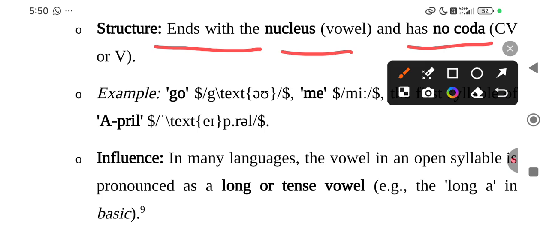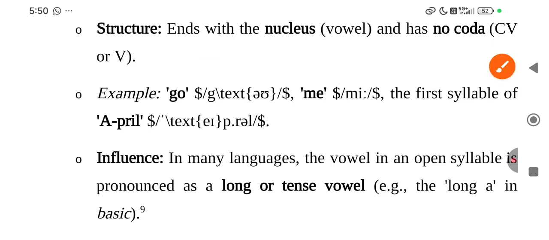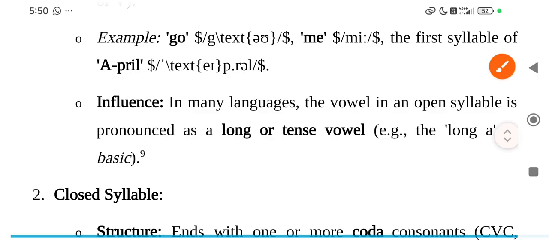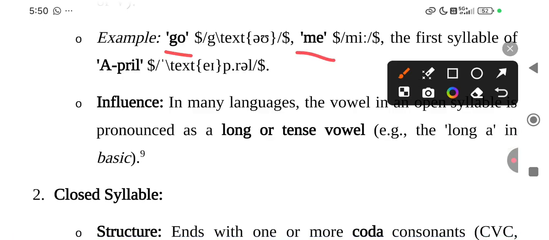Our tongue is in the middle, our mouth is open, the lips are open. When you say he, again almost the same situation. When you say she, again it's open. These are all examples of open syllables: go, me, he, she.